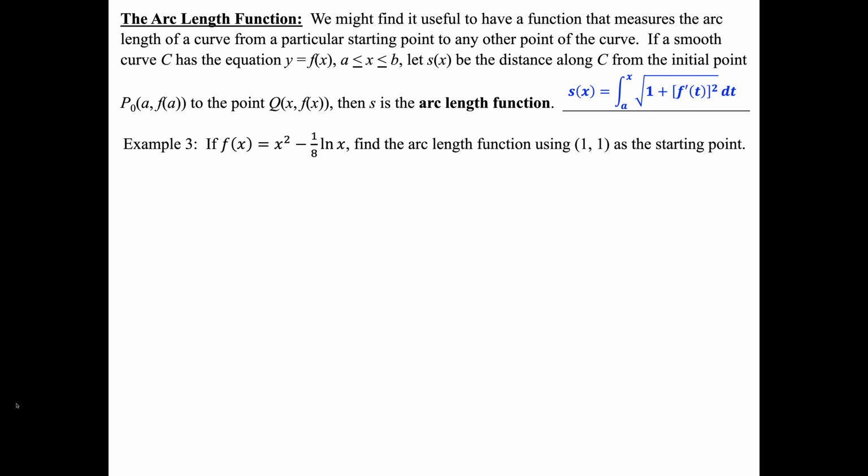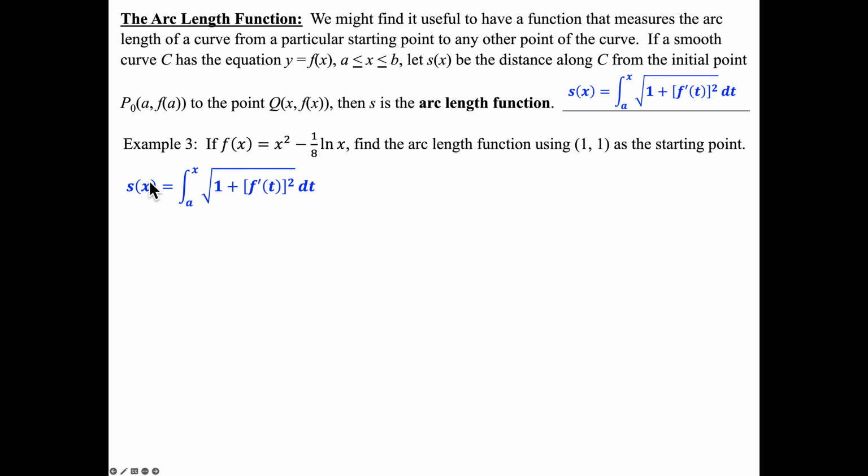If I go anywhere to the right on that curve, so a is 1, b is something way out there, I can let x be my upper bound, create a function in terms of x, and then all I have to do is know what x value I'm going to end at, and I can find the arc length. So I can use this over and over again if they give me different endpoints.